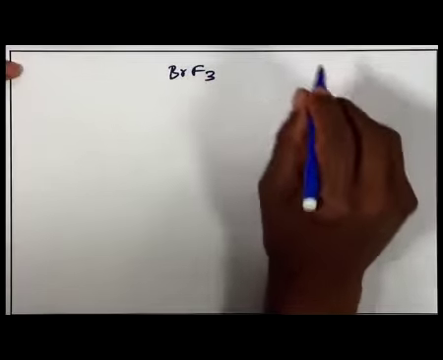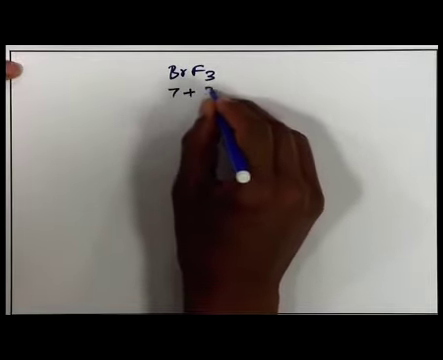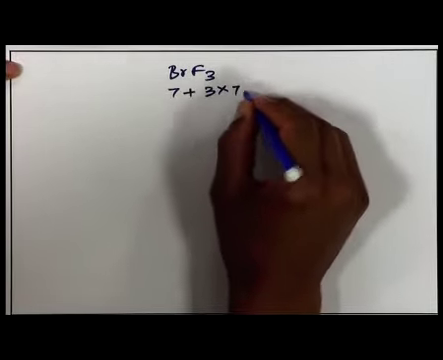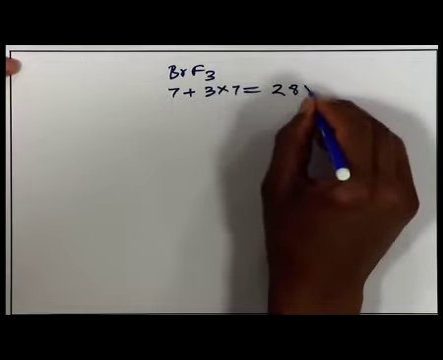Good morning. Let us see a couple of structures based on VSEPR theory. We have seen the BrF3 molecule. Its valence electrons you can calculate: 7 plus 3 into 7, which gives 28 valence electrons.